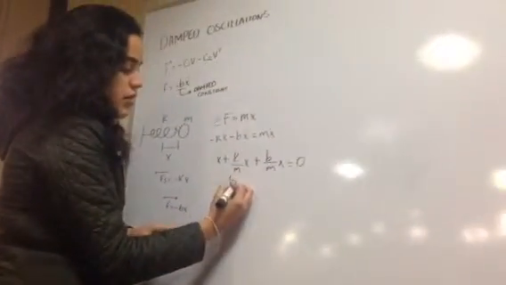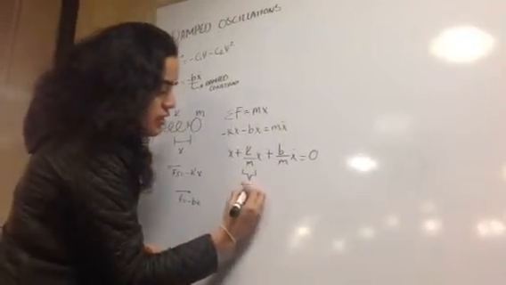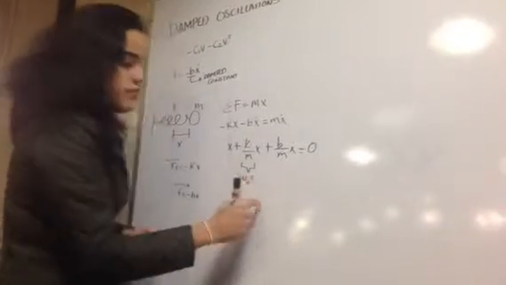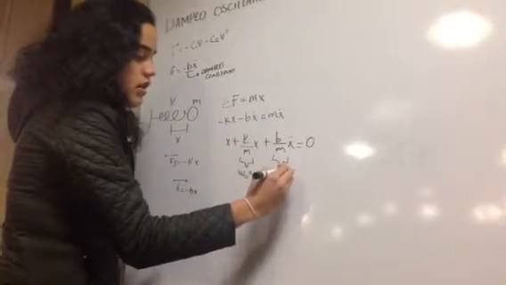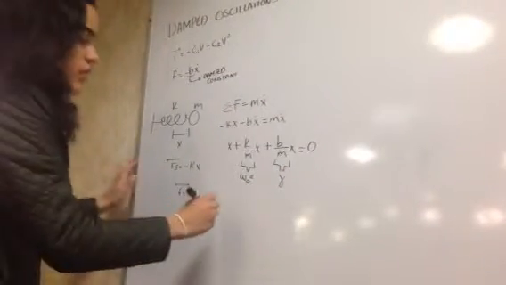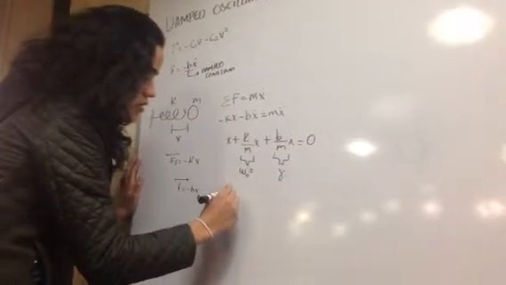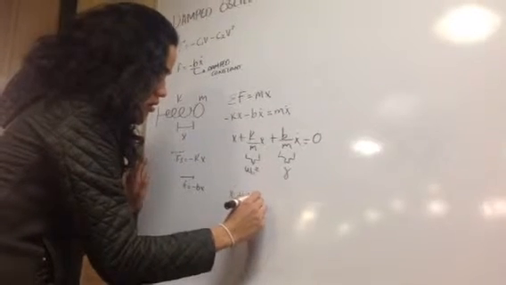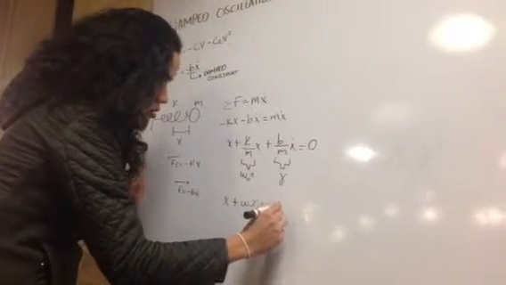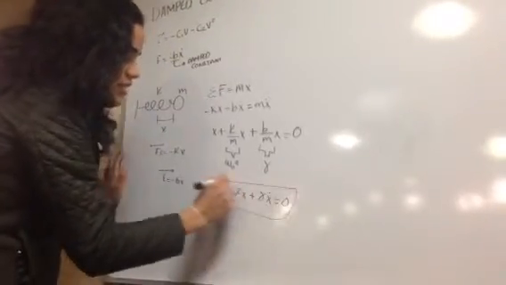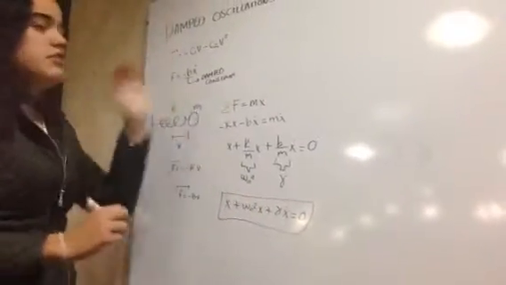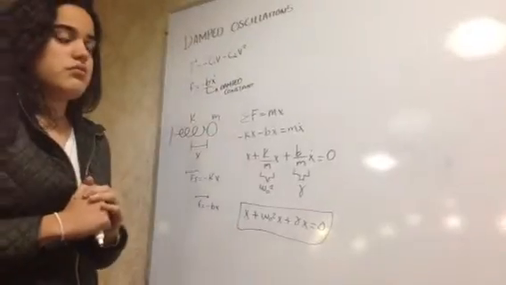And this term we know is omega, in this case omega initial, and this term is called gamma. So the equation is this, and this is the equation that describes how a damped oscillation moves.